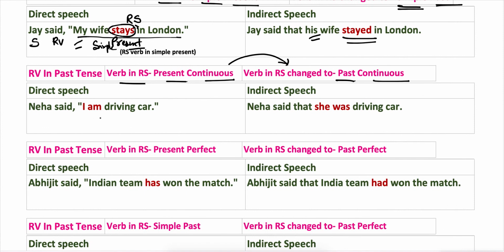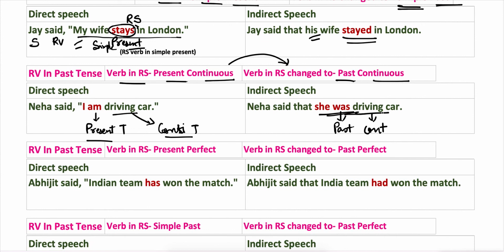In this sentence, am represents the present tense, and driving is the continuous tense. So present continuous will change to past continuous. The past tense of am is was, and driving remains continuous. So present continuous changes to past continuous, was driving. Neha said, I am driving car. Neha said that she was driving car.